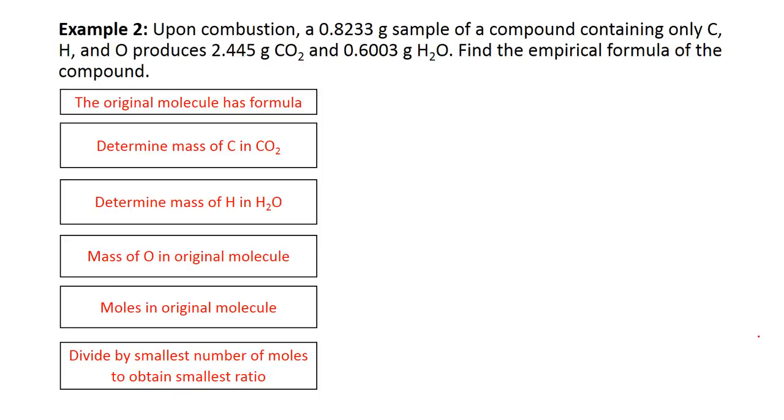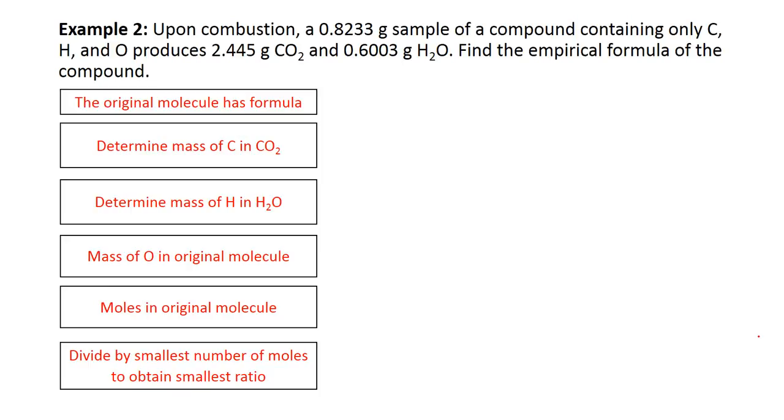Upon combustion, a 0.8233 gram sample of a compound containing only carbon, hydrogen and oxygen produces 2.445 grams of carbon dioxide and 0.6003 grams of water.